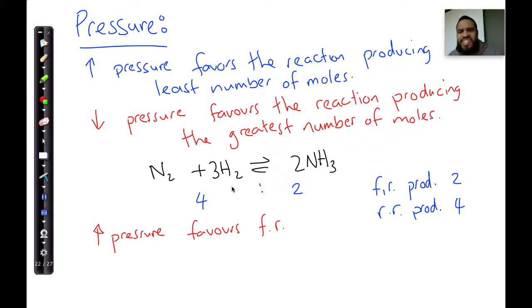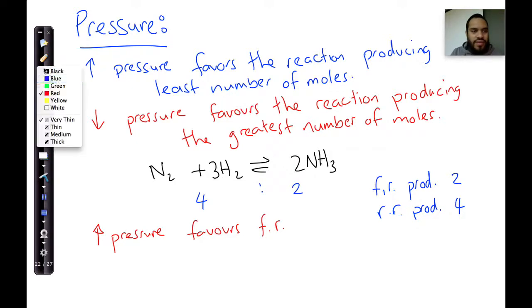According to Le Chatelier, an increase in pressure will disturb the equilibrium position, and it will favor the reaction producing the least number of moles. In this particular case, that is the forward reaction. Therefore, an increase in pressure will produce more ammonia. It will be better for us, because you're going to be making ammonia quicker than you can make nitrogen and hydrogen.